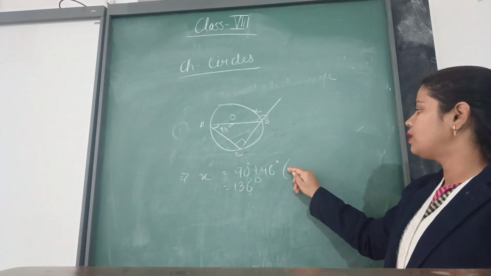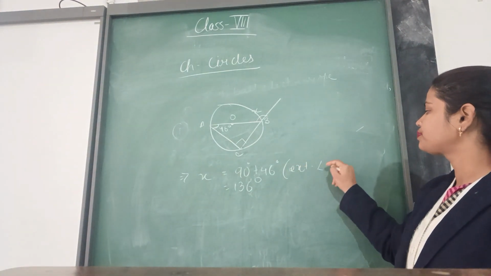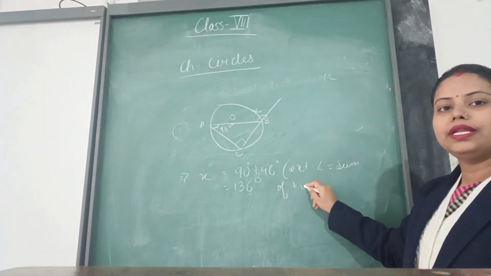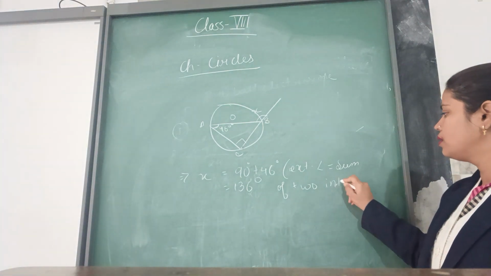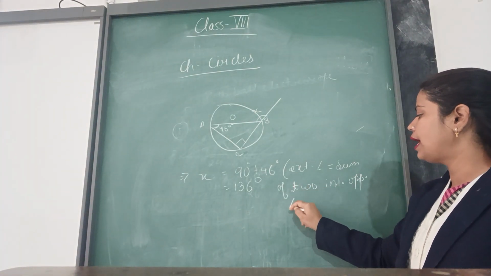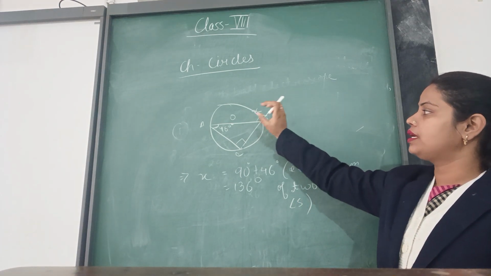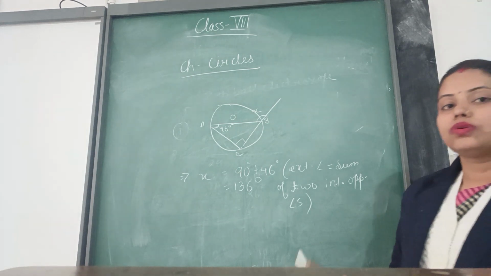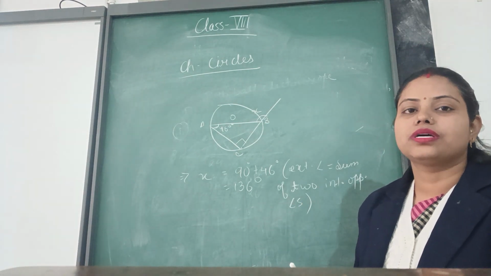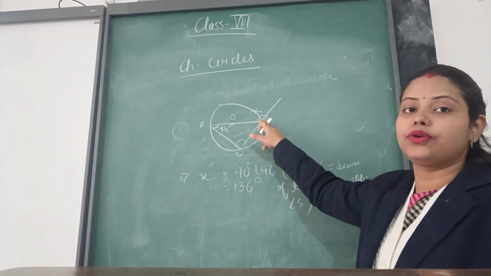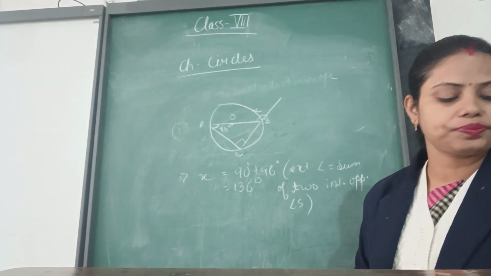And here we have to write that the exterior angle is equal to the sum of two interior opposite angles. So in this chapter circles, we can see that we are also using the property of triangles to find out the value of x.